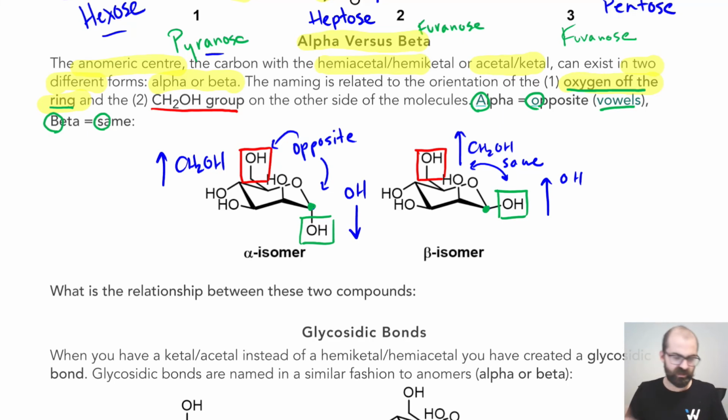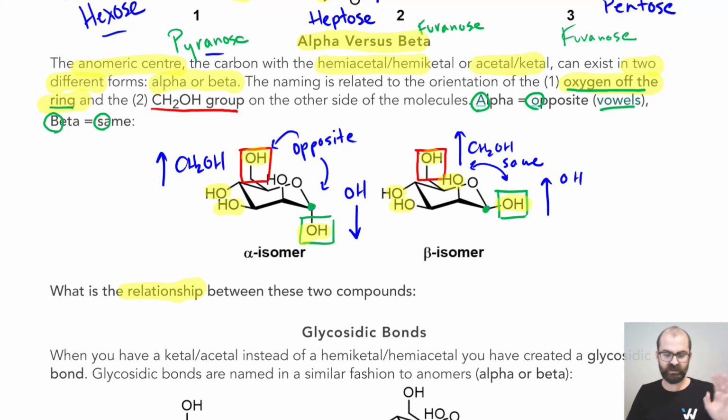Now, what's the relationship between these 2 compounds? Well, they differ just in the orientation of the OH group, but everything else on them, so all the other OHs, are the same. The orientation of those is the same. Remember, the orientation of that OH group is just based on the opening and closing of our cyclic sugar structure, from a hemiacetal to an aldehyde back to a hemiacetal.